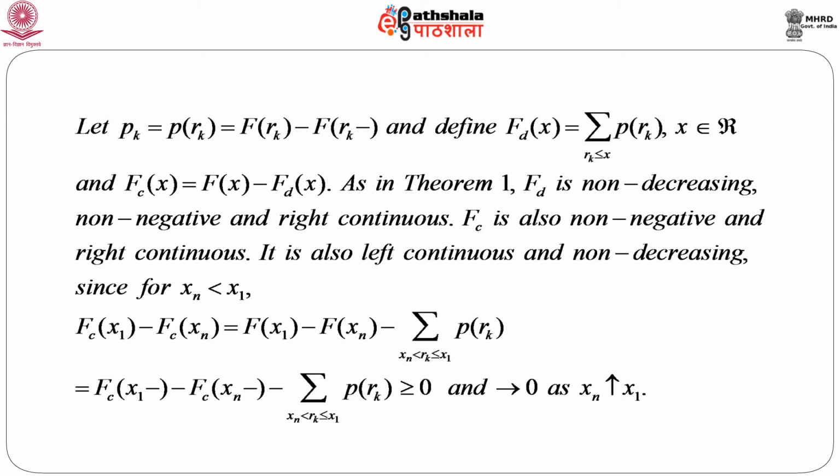Interestingly, it is also left continuous and non-decreasing, because if we take x n less than or equal to x 1 and consider F c x 1 minus F c x n, then a little bit of algebra shows that this quantity is always greater than or equal to 0, and it goes to 0 as x n goes to x 1. That means continuity is ensured.